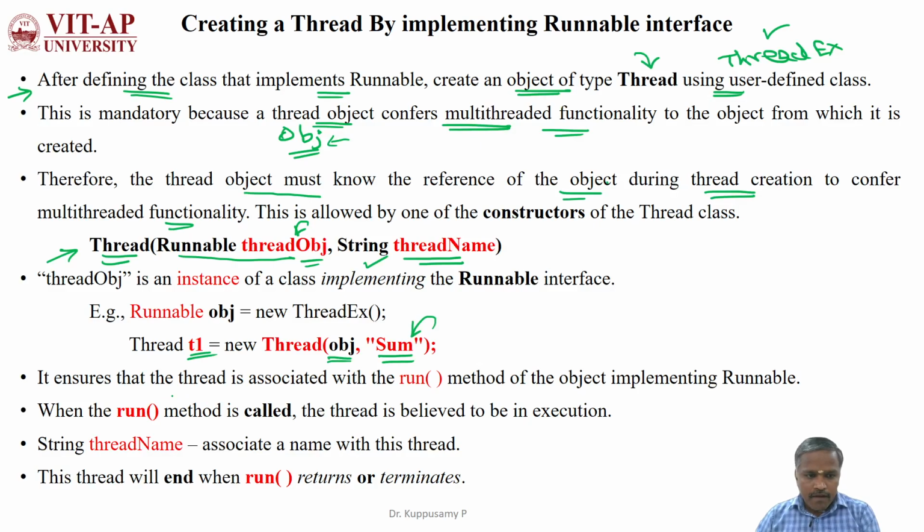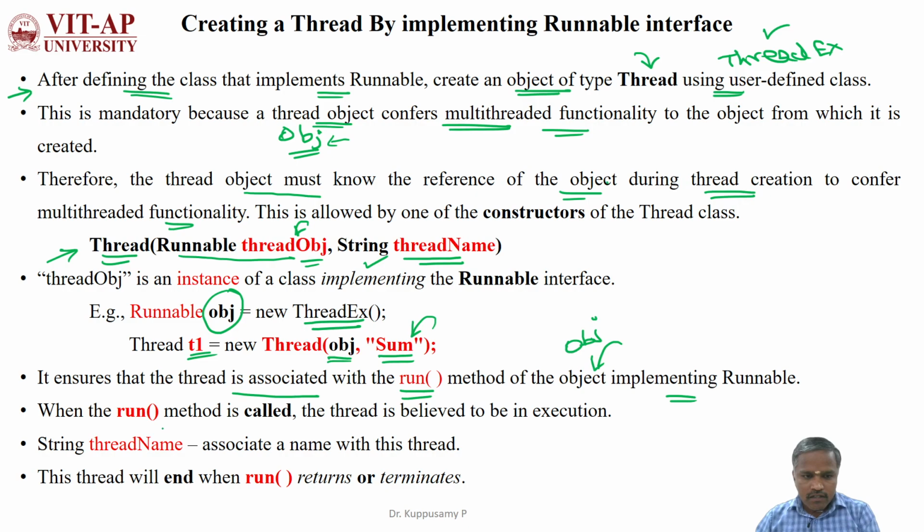This ensures that the thread is associated with the run method of the object which implements the Runnable interface. Here obj is the object which implements the Runnable interface by using the class ThreadEx.